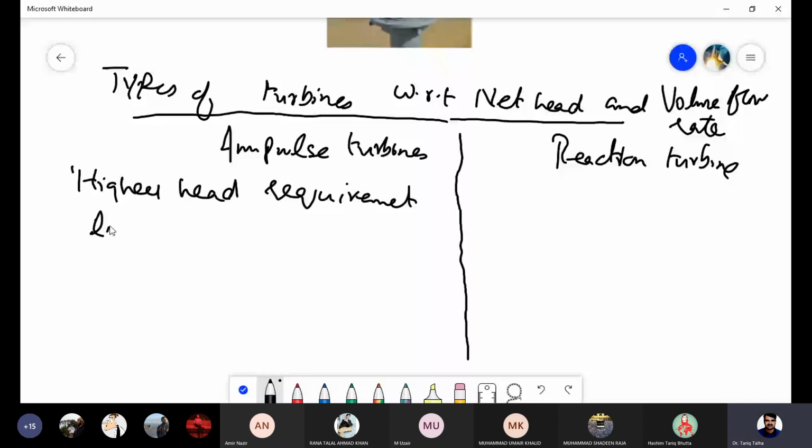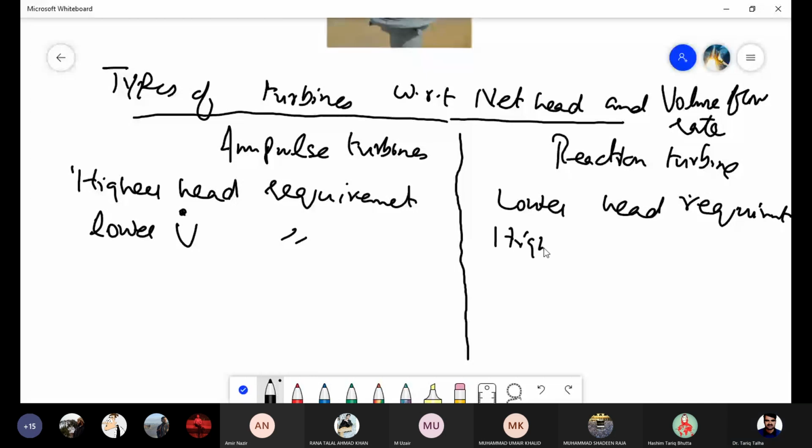On the other side, for the reaction turbine, the head requirement is lower, but it usually requires higher volumetric flow rate. So what are the examples which we usually see for the impulse turbine?